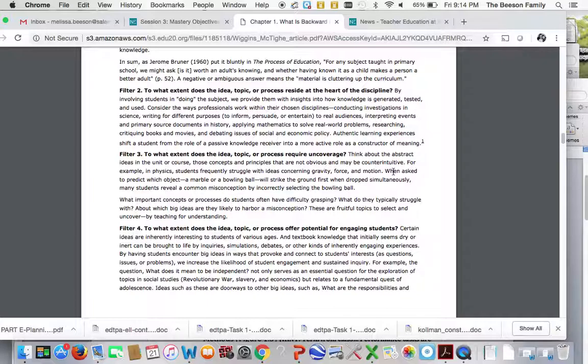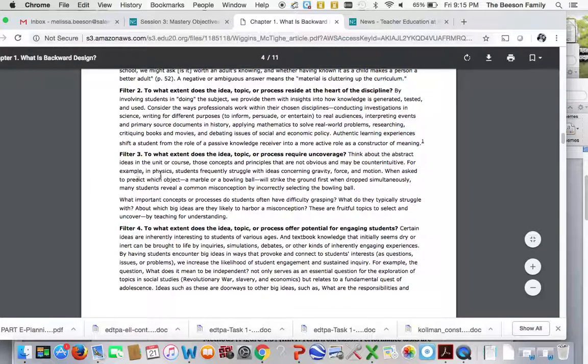So hopefully you'll anticipate that a little bit, so you'll know that, okay, whatever I'm teaching, I'm going to think about it. What might a learner think about that? And what could they possibly think that would be a misconception prior to learning about it? For example, the example in here talks about how in physics, students frequently struggle with the ideas concerning gravity, force, and motion.